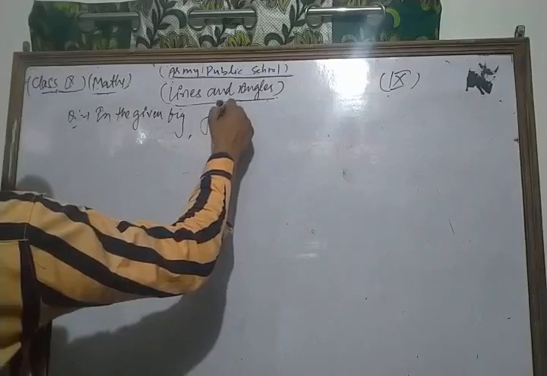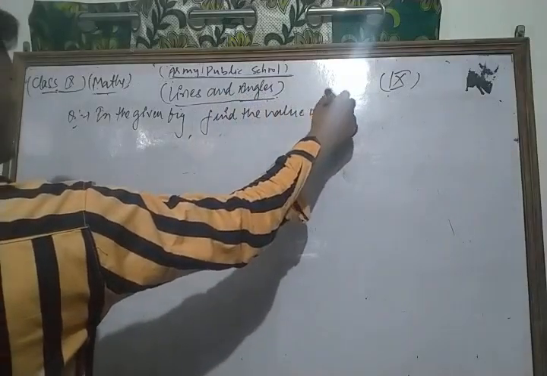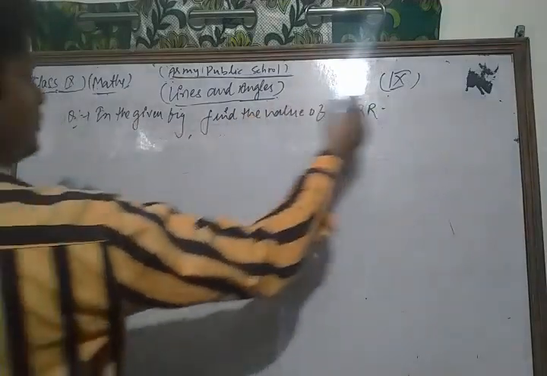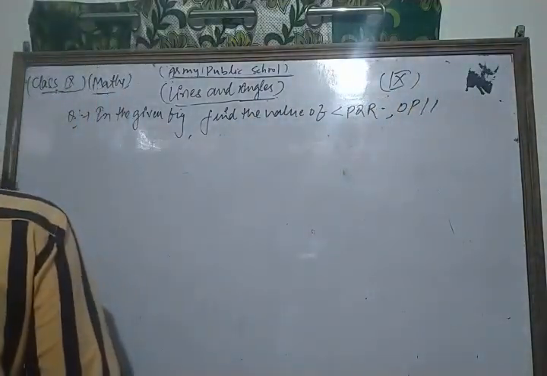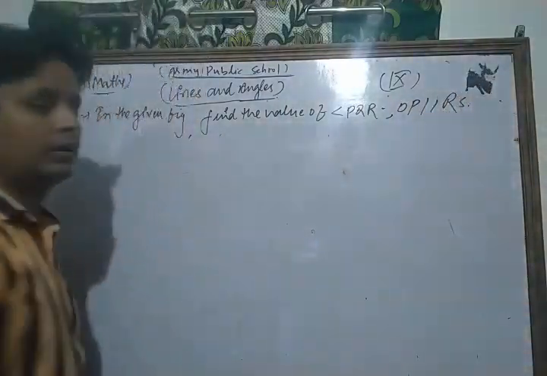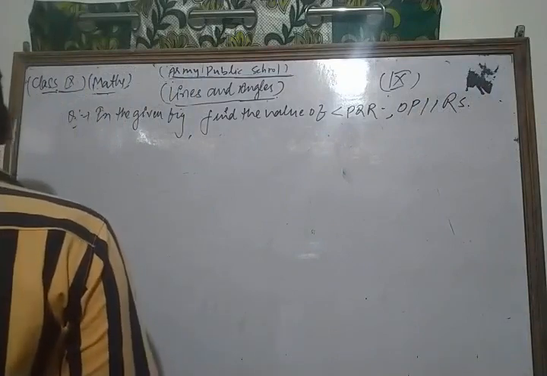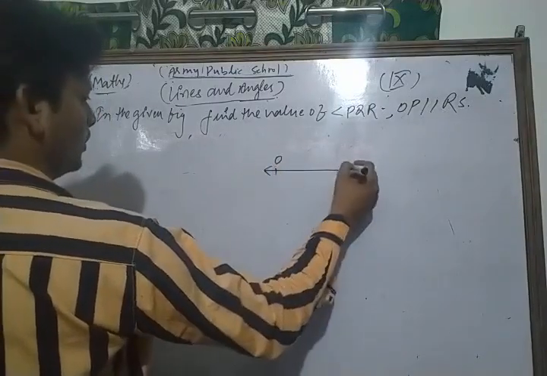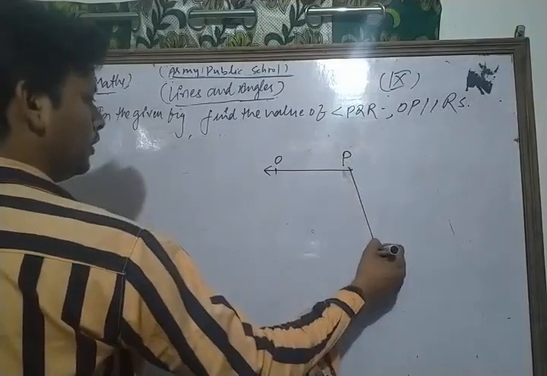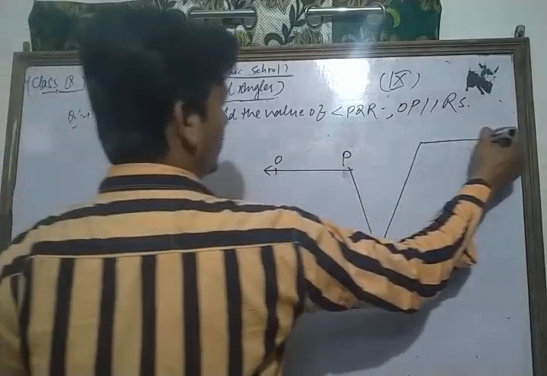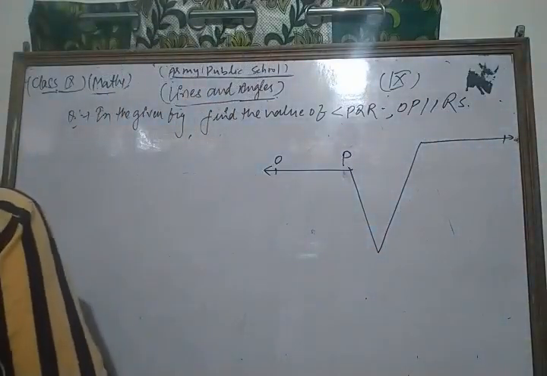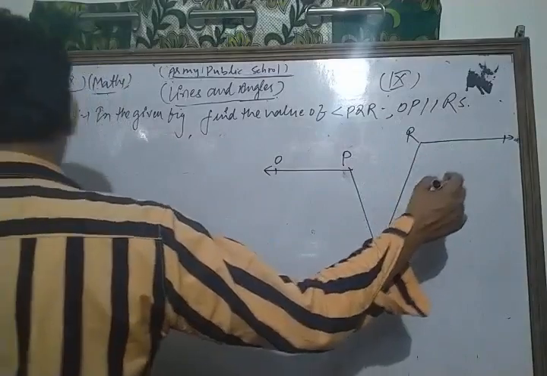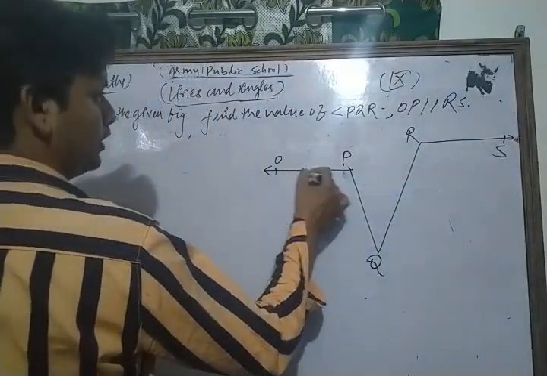It is given that OP is parallel to RS, and your figure is this: this is OP, this is Q, this is R, and this is S. Here OP is parallel to RS.